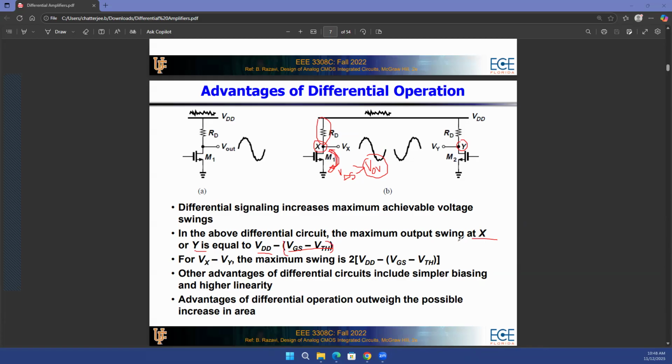So that is going to be the maximum output swing at node X or node Y. But if you take into account Vx minus Vy, the maximum amount of swing is twice of that. So twice of VDD minus VGS minus VTH. That is going to be the maximum swing that we have for differential signaling.